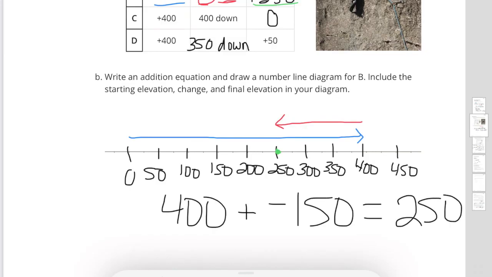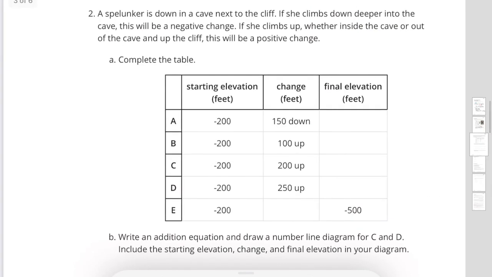Number 2, a spelunker is down in a cave next to the cliff. If she climbs down deeper into the cave, this will be a negative change. If she climbs up, whether inside the cave or out of the cave, and up the cliff, this will be a positive change. So for the spelunker, she starts at negative 200 feet, and she moves 150 feet down.